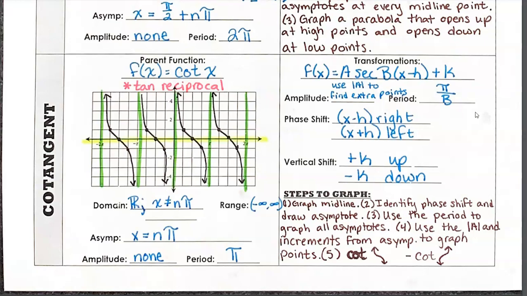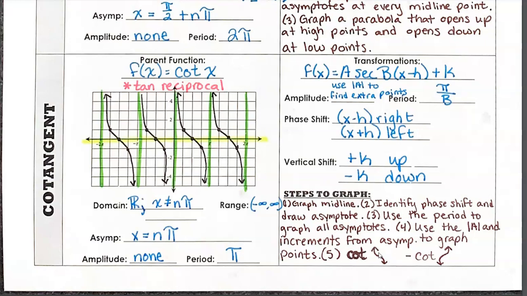I'm going to use my period to graph the next one, and the next one after that, and the ones before it as well, finding my center points by finding the point that is directly in the middle of my two asymptotes on my midline. And then we're using our increments to graph on either side of those.